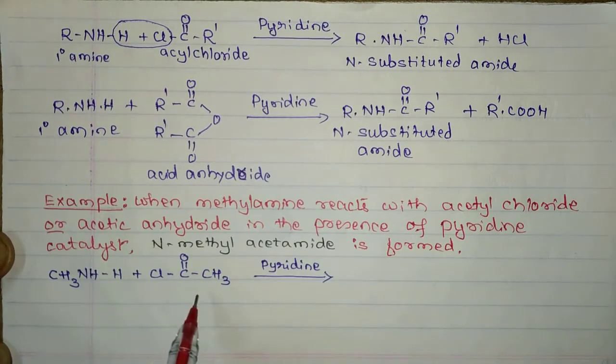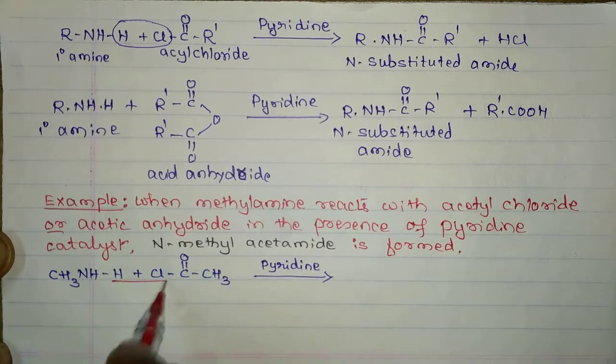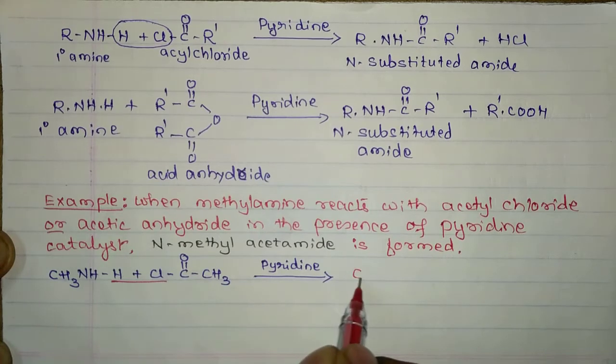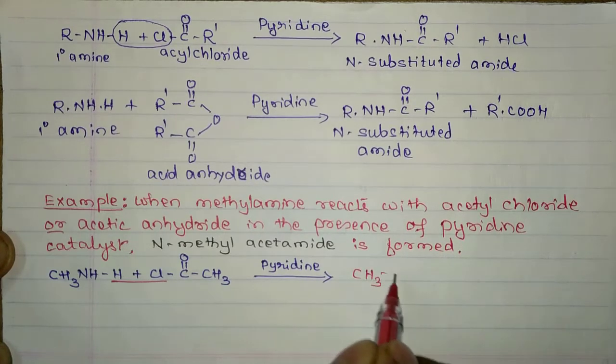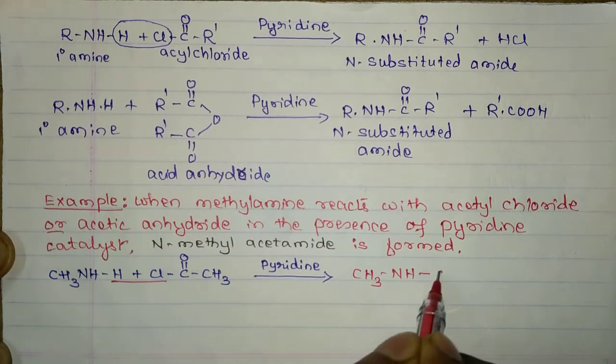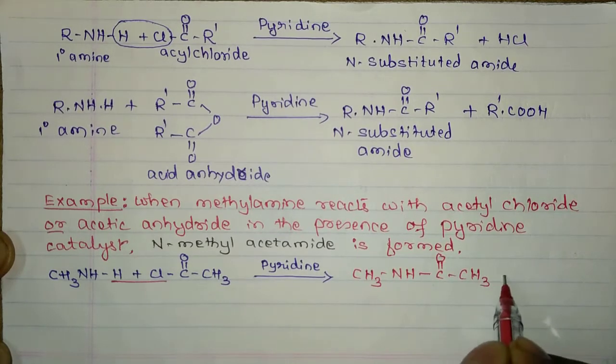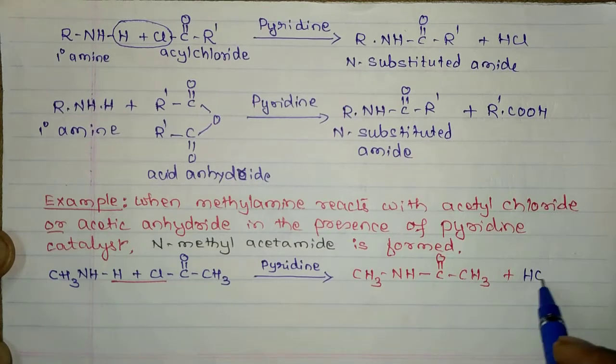Methylamine reacts with acetyl chloride in the presence of pyridine to give N-methyl acetamide, CH3NHCOCH3, plus a molecule of HCl.